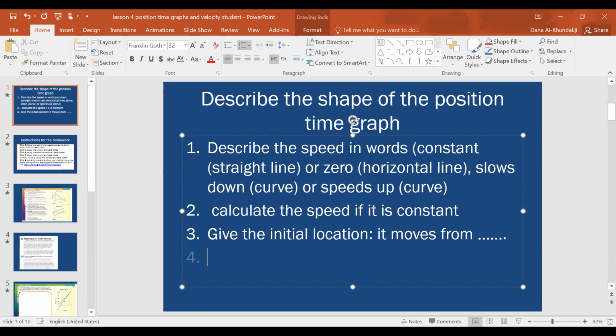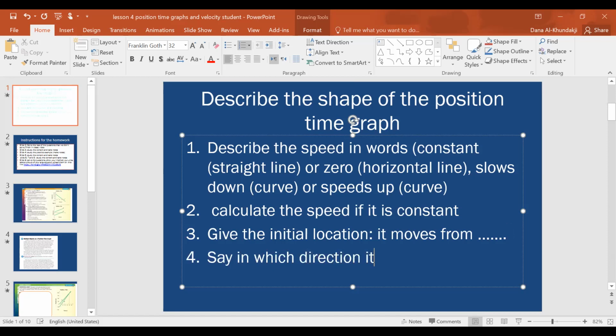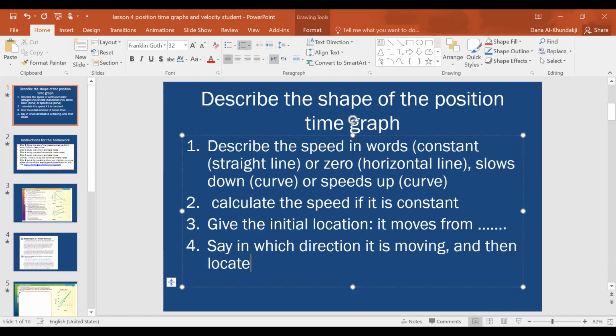And then you have to say in which direction it is moving, like towards the negative or positive, and then locate and specify the final position, like where it ends up.